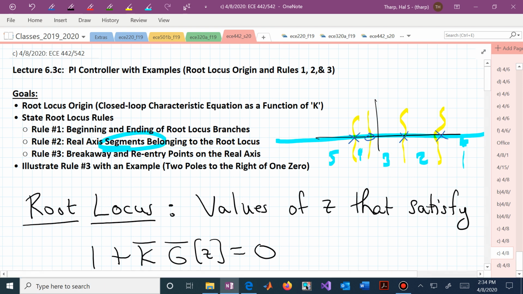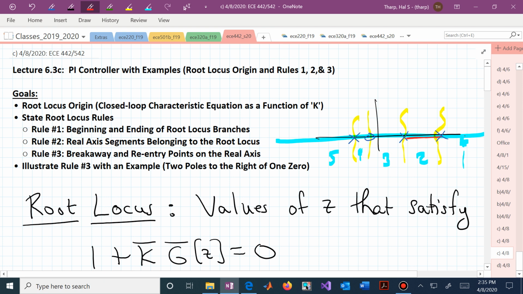We want to know which of those segments belong to the root locus, and we will learn that the segments that belong to the root locus are those segments that have an odd number of poles and zeros to the right. If we looked at this particular point, there's no poles and zeros to the right, so that line segment from wherever that is to positive infinity does not belong to the root locus.